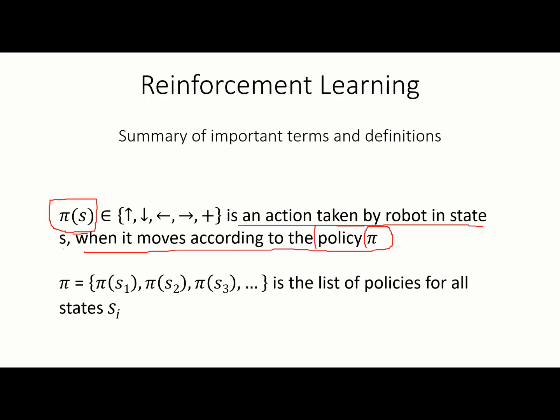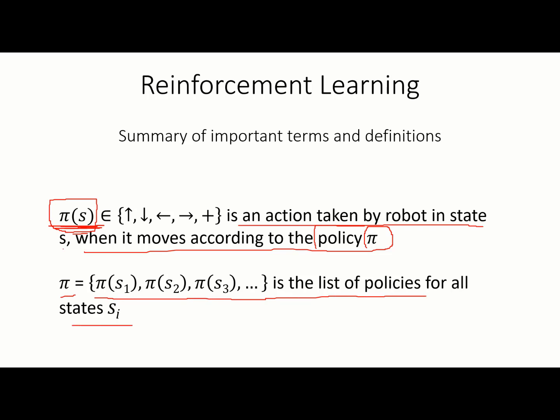So if a robot has some predefined policy, then if it takes action in accordance with that policy, that action is represented by pi(S) in that state S. Pi is actually a list of policies for all the states.